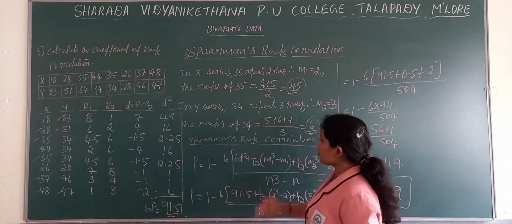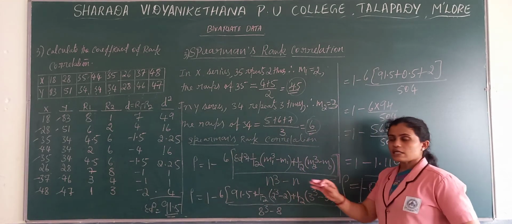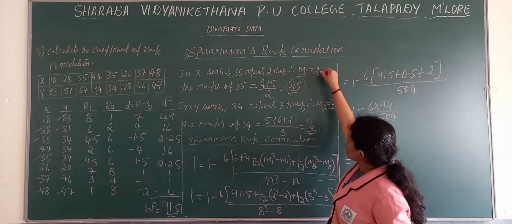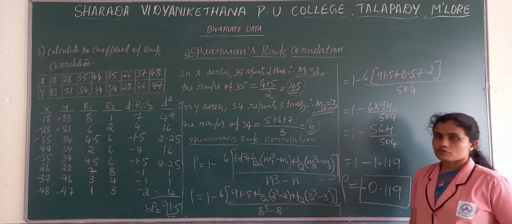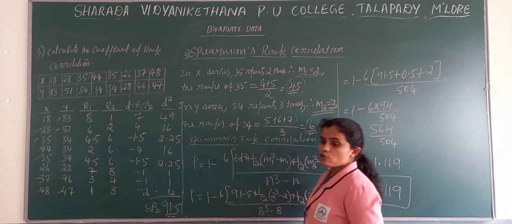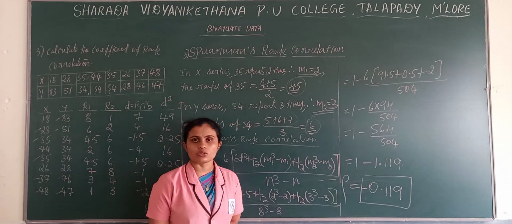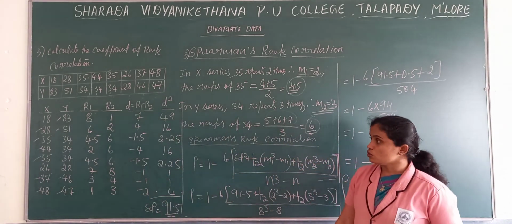Divide, and you will get that particular value. Allot that particular rank to those positions. Then, how many times does it repeat? M1, twice. How many times does the second value repeat? 3. So that you have to substitute in the formula. Please look into the formula properly first, then see the procedure for how you need to solve. It is important. Rank correlation is important. You should know about this.